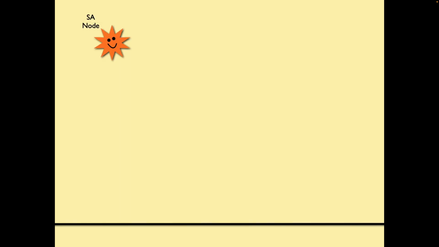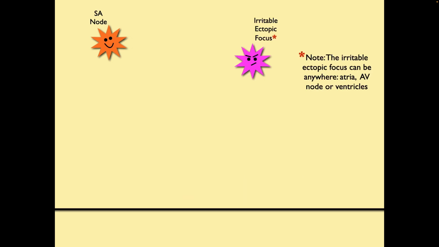Now, here's what happens. We'll go back. Here's our SA node again. I'm not bothering with P waves. They should be there. These are just beats, and everything's going fine, nice regular rhythm. And then some part of the heart becomes irritable.